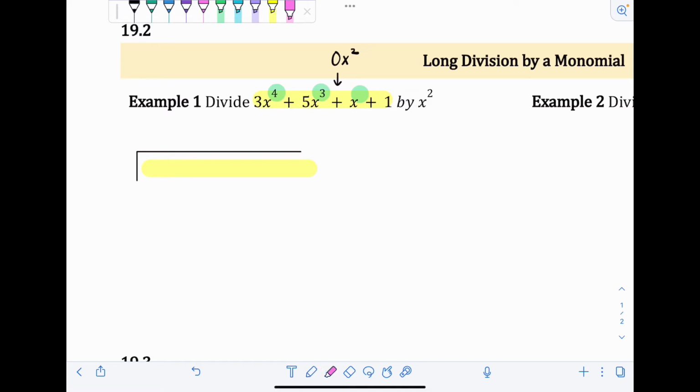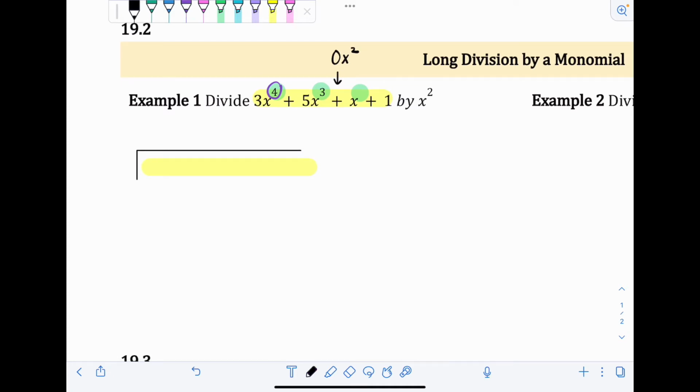Basically, whatever the highest power is, you have to count down until you get to the constant. So you do x to the fourth, x to the third, x to the second, x to the first, and then your constant term, the one that doesn't have the variable. If you're missing any of those, then you need to add a 0 in there. You would never need to go up by a power, so I would never have to put in an x to the fifth or anything like that.